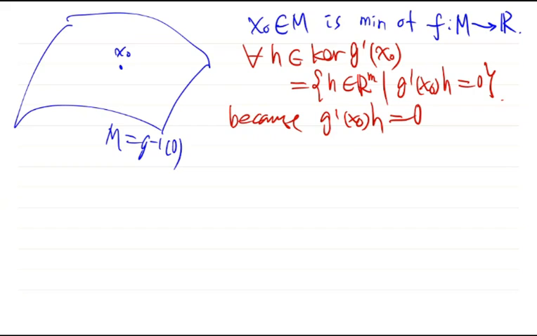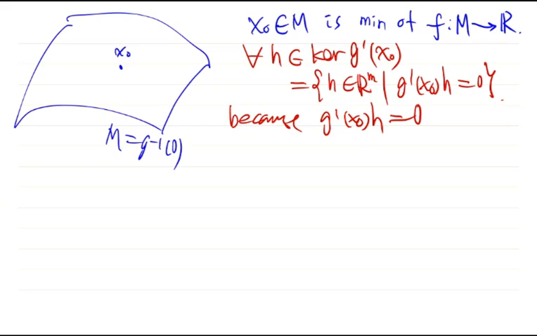Okay, but conversely, if you know h is perpendicular to the gradient, is there a curve in the surface passing the point which has that vector as a tangent vector? This problem we considered at the beginning of today's lecture, and the result is positive. We have an affirmative answer.